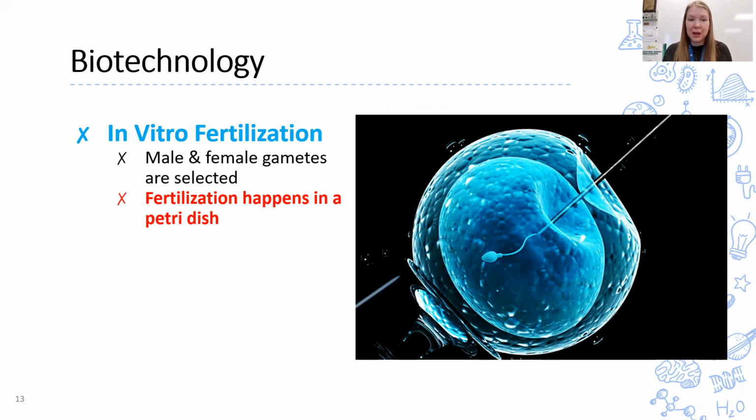You're selecting the two gametes, and the fertilization happens in a petri dish, whereas in artificial insemination, the sperm is just being inserted into the female. With in vitro fertilization, you are able to determine what the gender is ahead of time, and then select which fertilized eggs you want to implant into the surrogate mother.